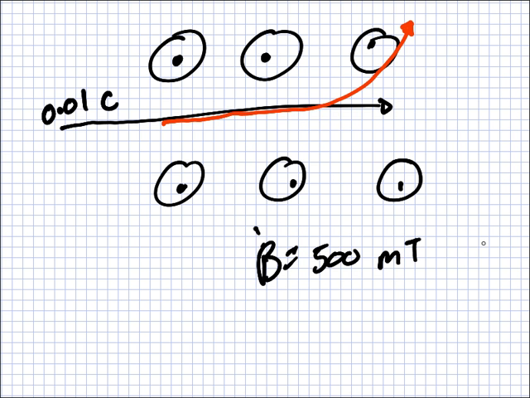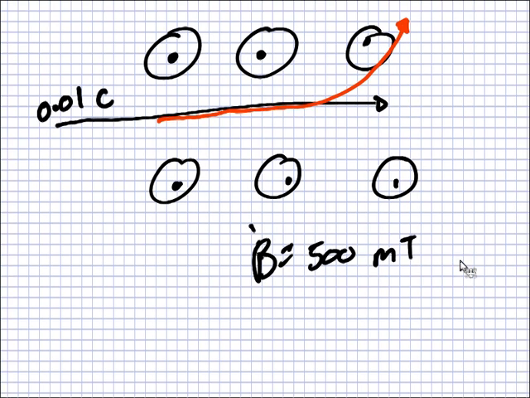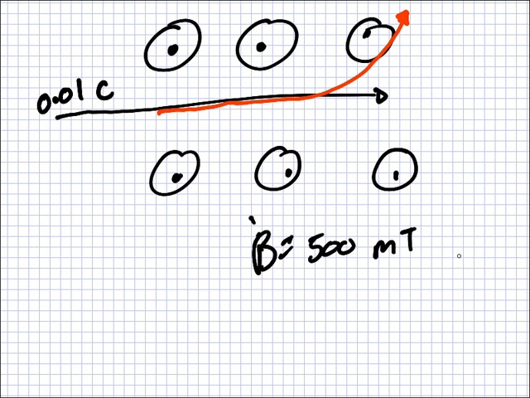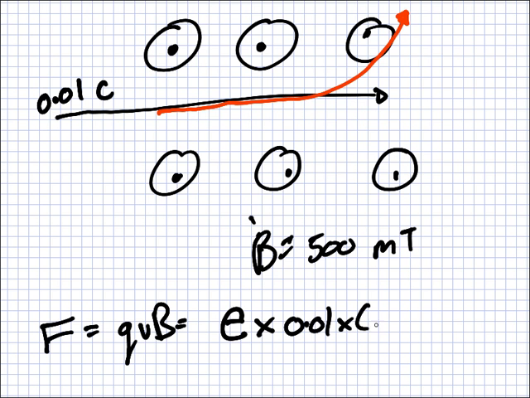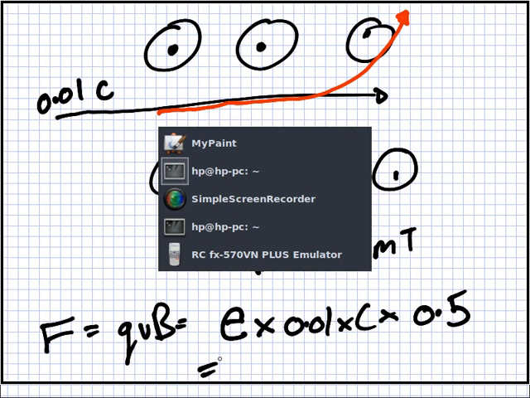It's hard, isn't it? Too much visualization. Do you remember what the formula is to calculate this force on the electron? QVB. That's the charge of the electron times the speed of the electron times B. Let's bash this into the calculator and see what we get.